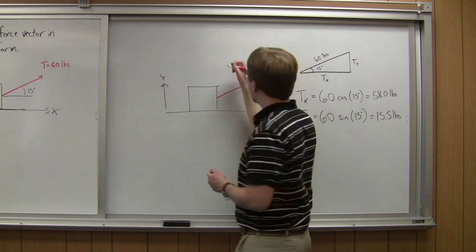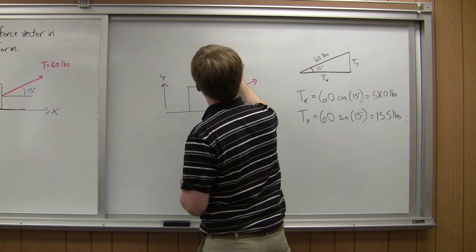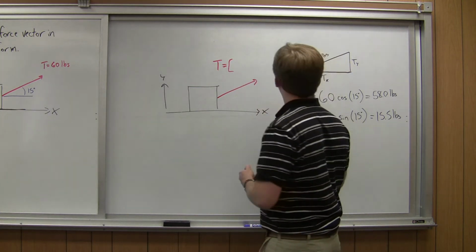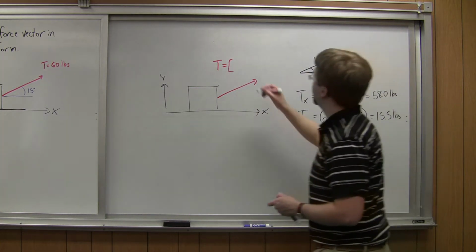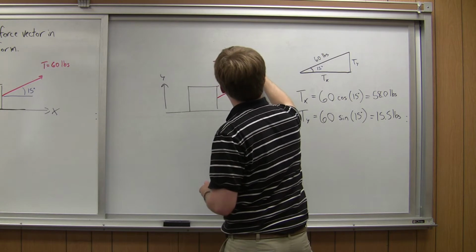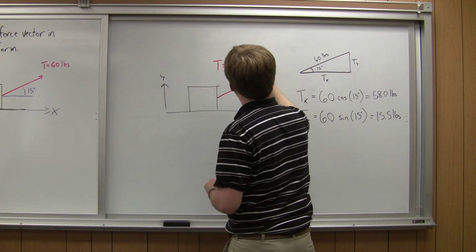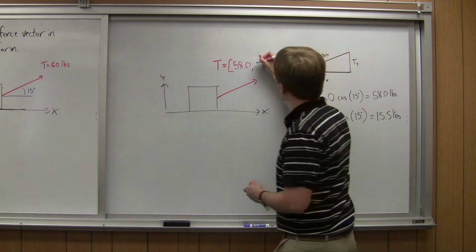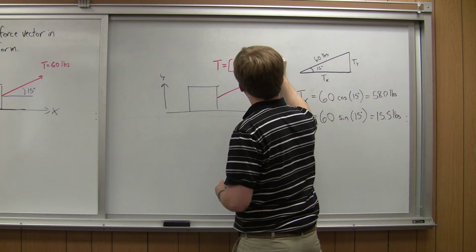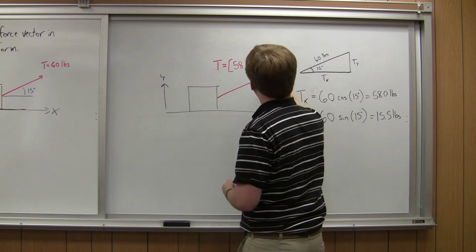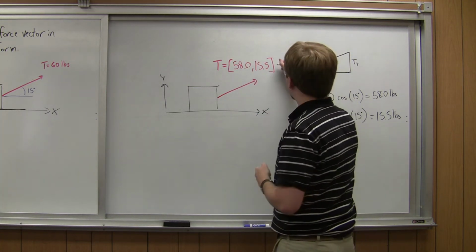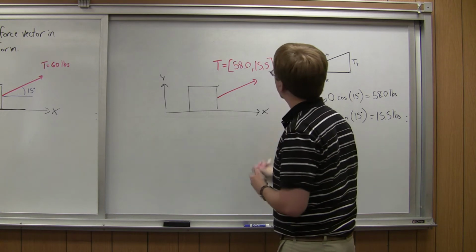And I draw in t is going to be equal to, use square brackets for vectors, the x component, so 58.0, comma, the y component, which is 15.5, and then I do the square closing bracket, and the units for this vector are going to be pounds.